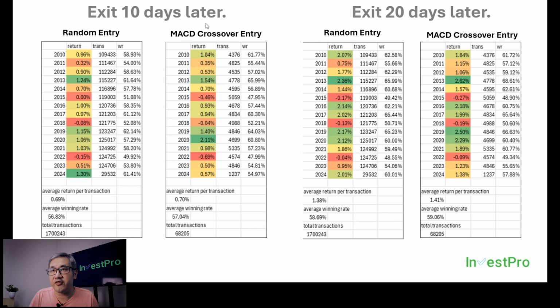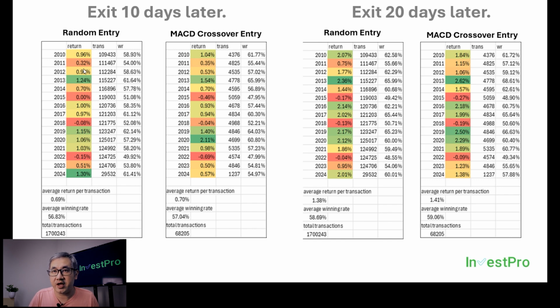In this page, I present two strategies. The first strategy is based on the random entry, and the second is based on the MACD crossover entry. Now, let me explain a little bit about the random entry here, especially how we purchase the stocks. The table refers to the performance of each year.